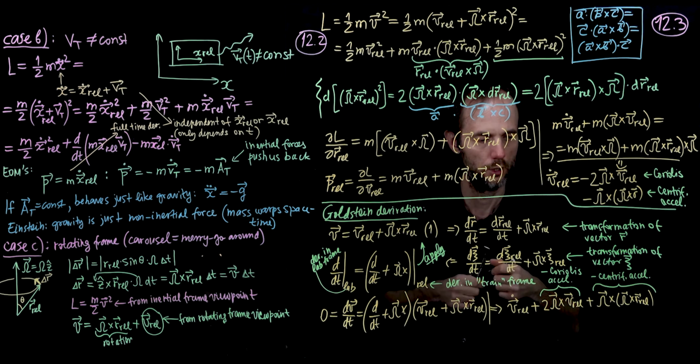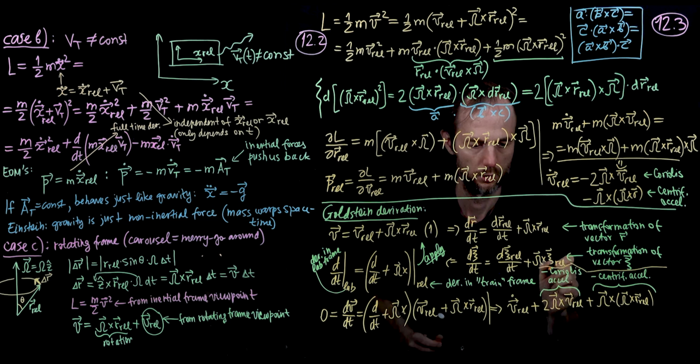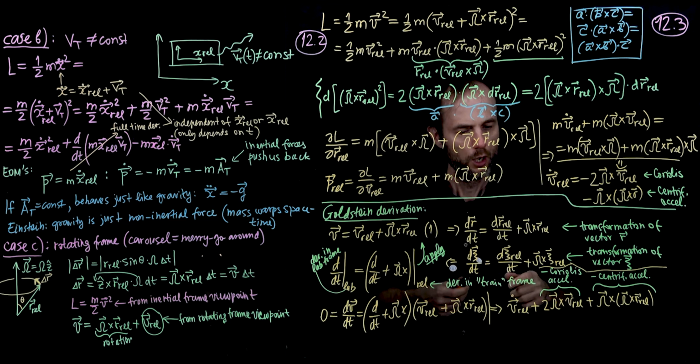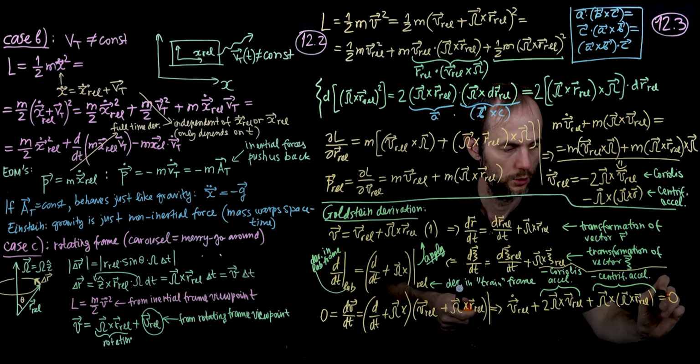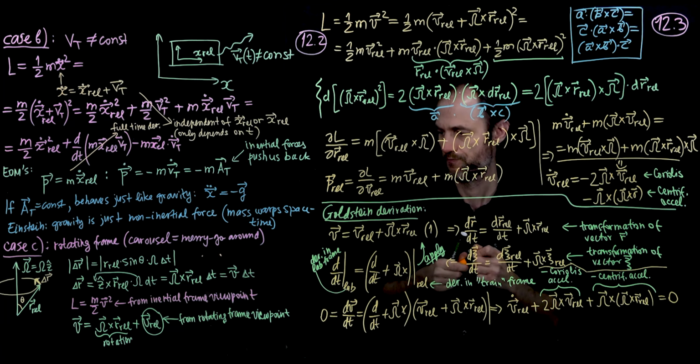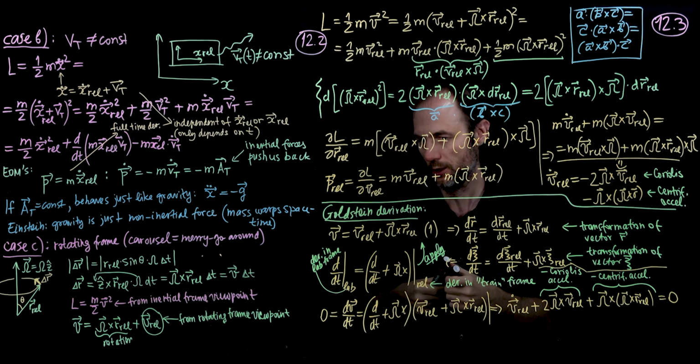And let me demarcate the boundary here. All of this is, of course, equal to 0, just like here. So now let's try and then write down what the equations of motion will be in the rotating frame.